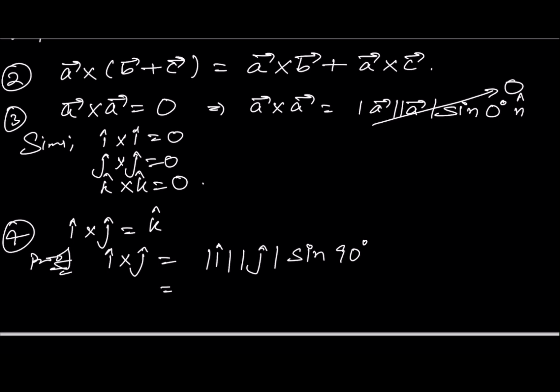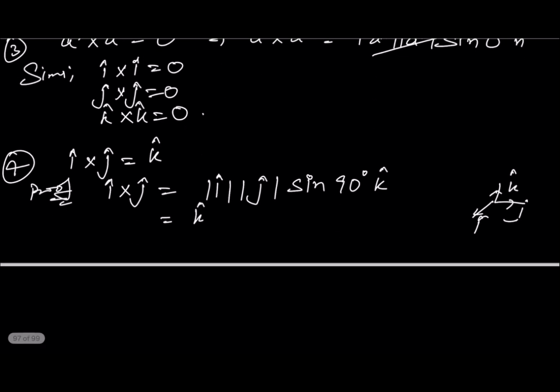And n cap in this case is K, because n cap is nothing but unit normal vector to I and J, and we know orthonormal triad IJK. Okay, so mod I mod J is 1, sine 90 is 1, so this is K cap, right? So I cross J is K, J cross K is I, and K cross I is J.